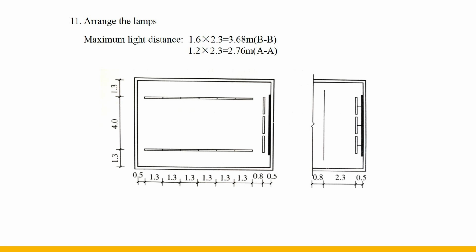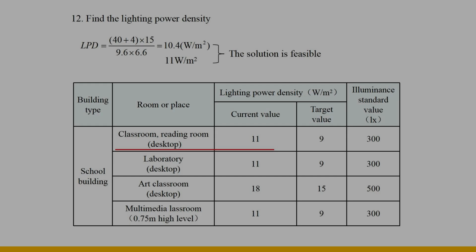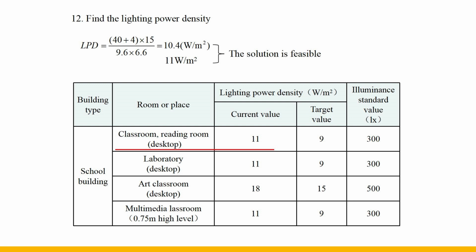And the maximum lamp distance in the AA direction of the parallel lamp tube direction is 2.76 meter. According to the calculation results and room size and considering the placement area of the desk, the lighting layout can be drawn.